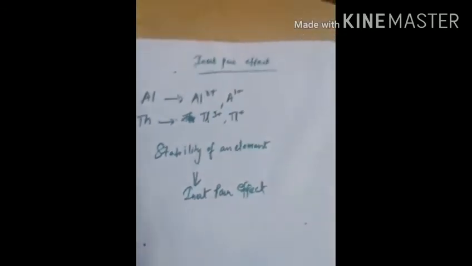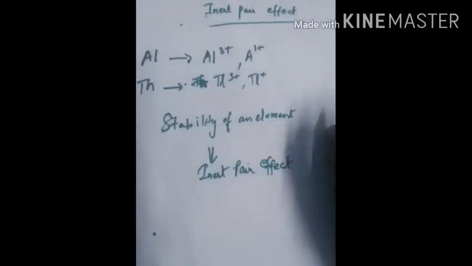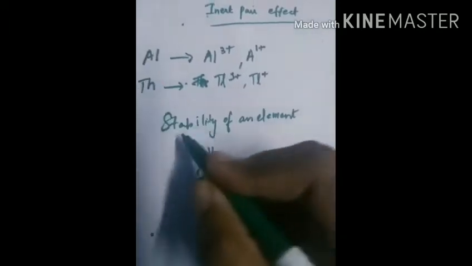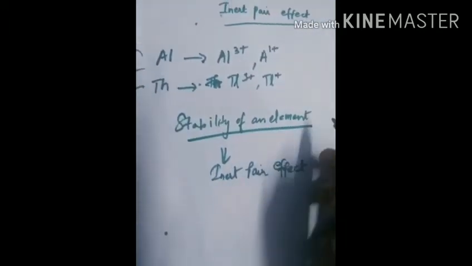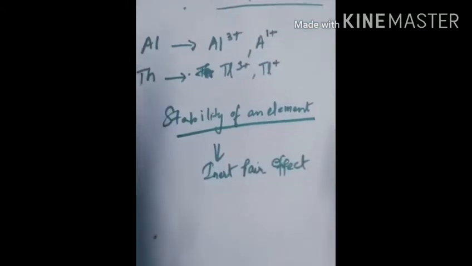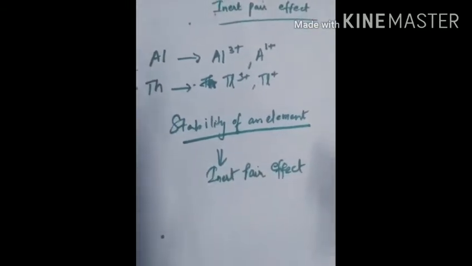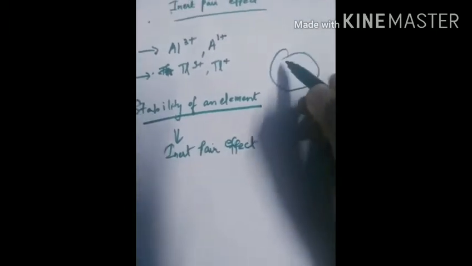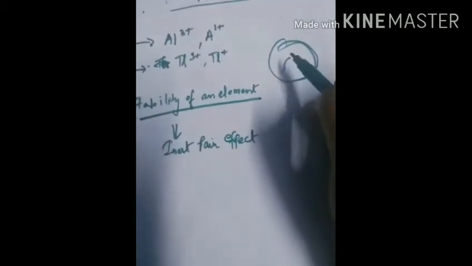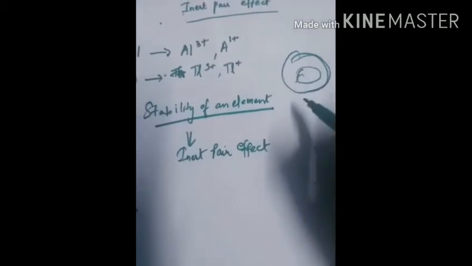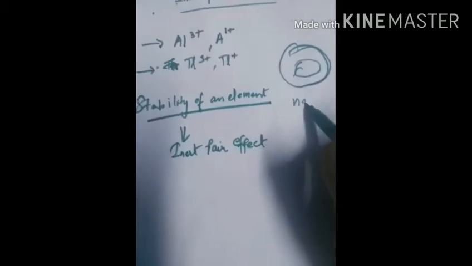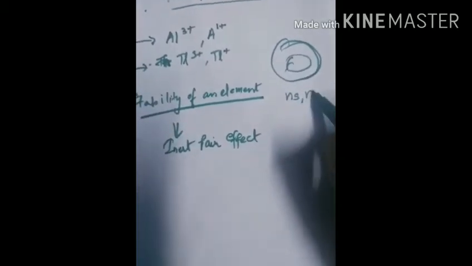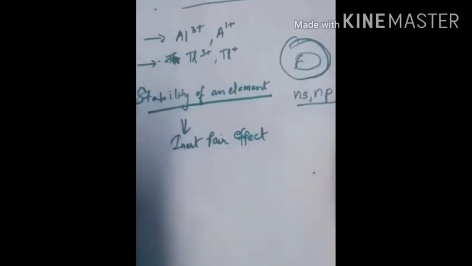Now we are going to see which elements we consider in the inert pair effect for the stability of the element. In the electronic configuration, the major considerations for p block elements are the NS and NP shells.